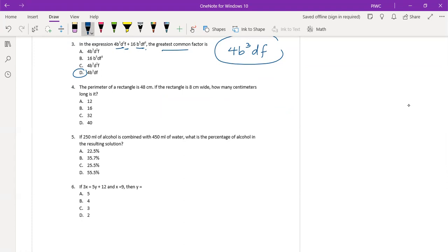All right, number 4. The perimeter of a rectangle is 48. If the rectangle is 8 centimeters wide, how many centimeters long is it? Remember, for a rectangle, the perimeter is 2 times the length plus 2 times the width.